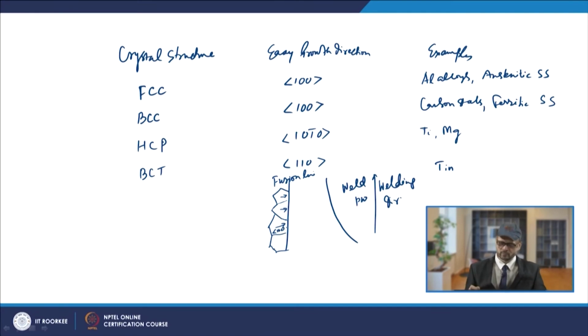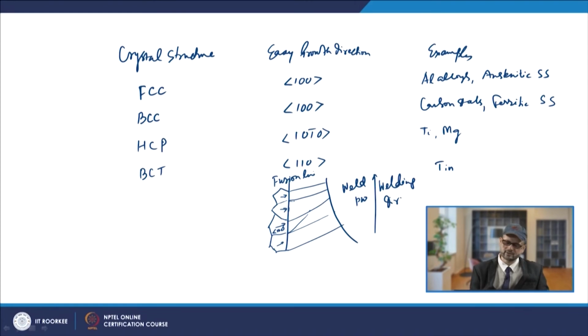So this is your 100, and from here it will grow like this. Perpendicular to this pool boundary, basically your growth will take place. So your growth is going like this. Similarly, this will be moving like this, and some may be pinched off like this.